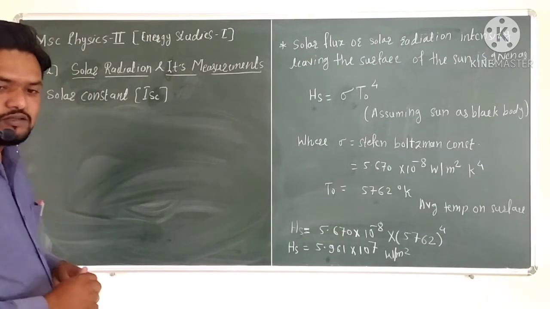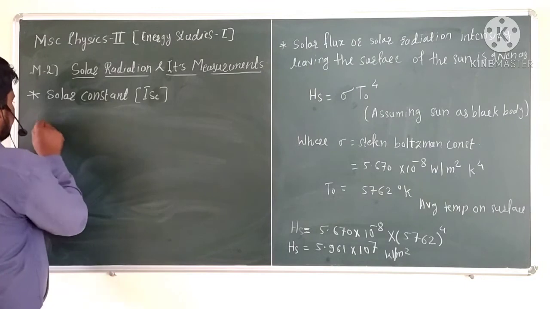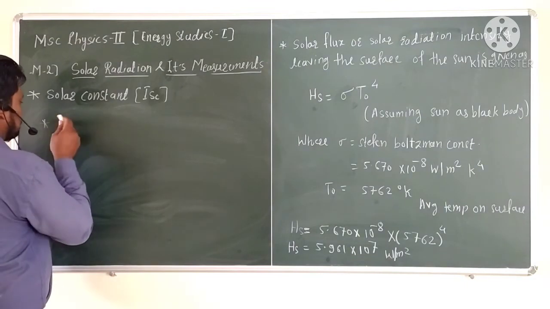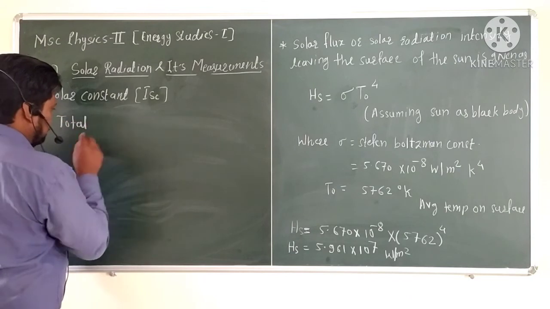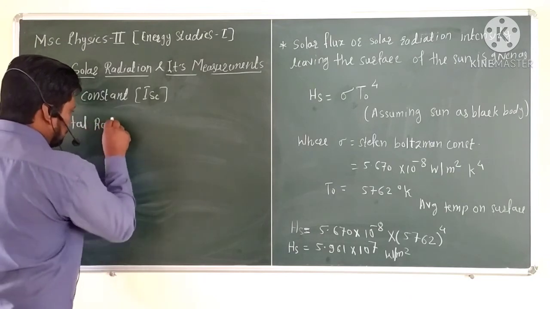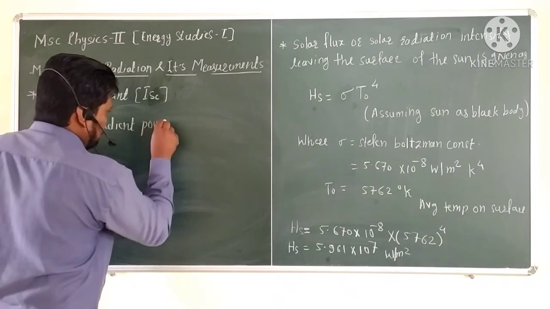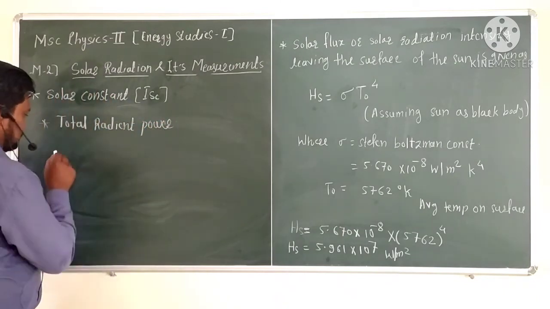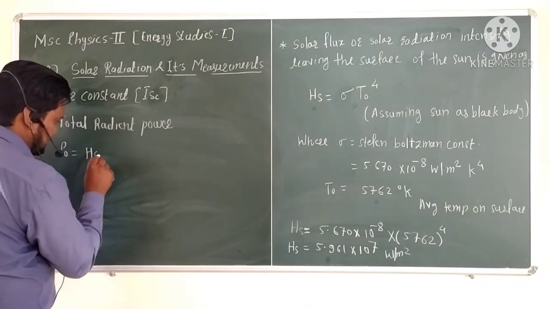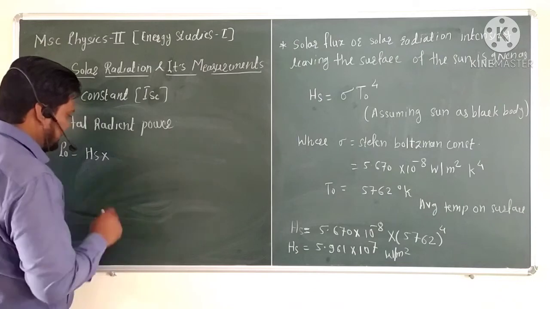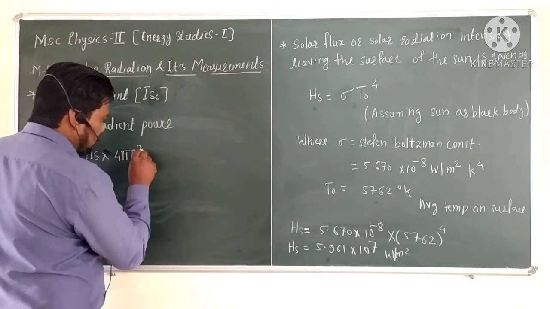So the total radiant power P naught is equal to this value Hs into the surface area of the sun, which is 4 pi into r square.